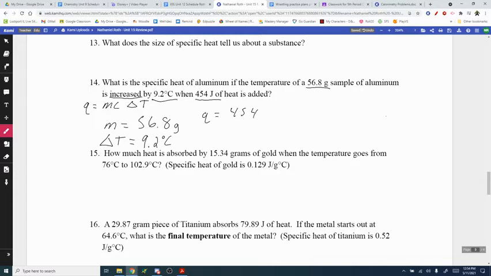Okay, so from here, we need to rearrange our equation. We are looking for C. So we have to get C by itself. To get C by itself, we have to divide both sides by M delta T.